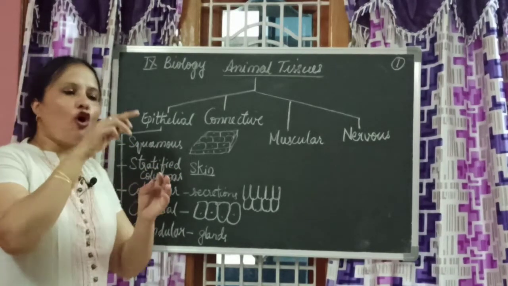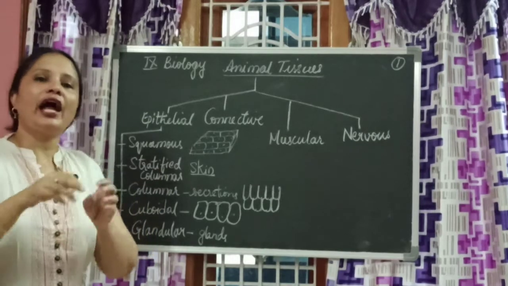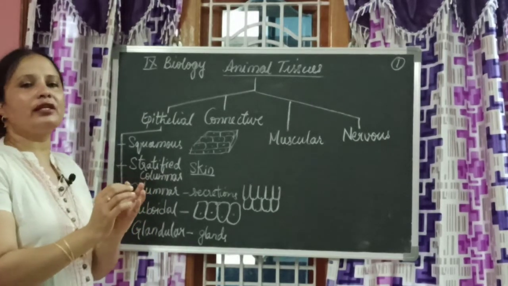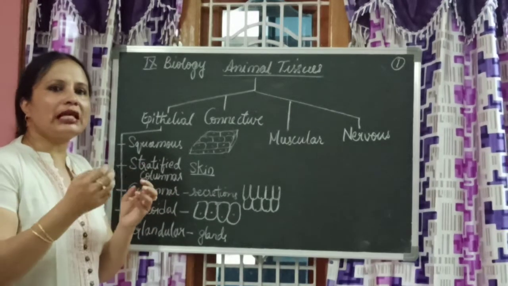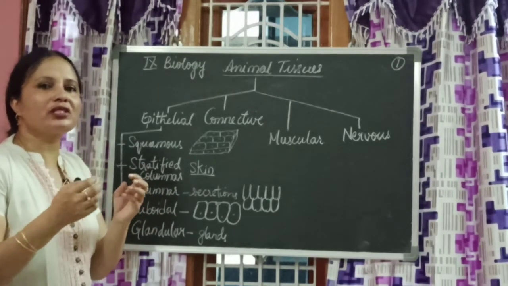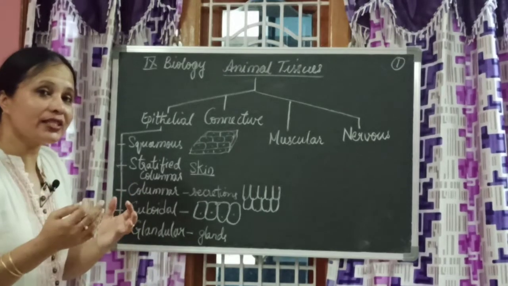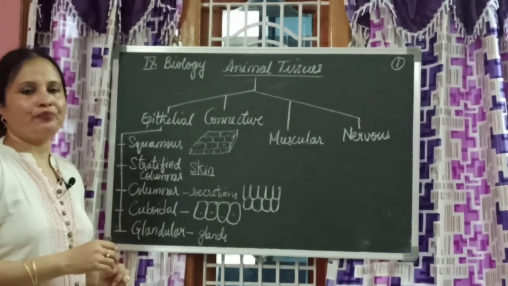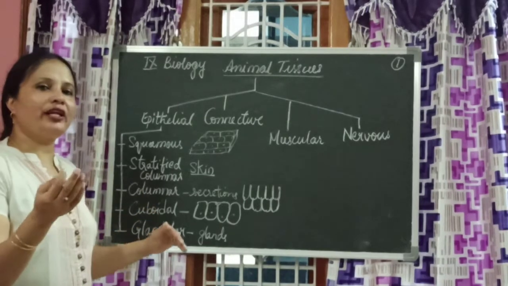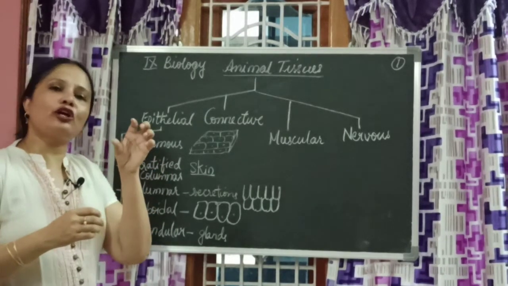Columnar, it looks like columns, and its major function is for secretion. Like in kidneys, the tubular, peritubular network secretions and all secretions are there. There you find this columnar epithelial tissue. And then you have cuboidal. The name itself says that it looks like a cuboid.